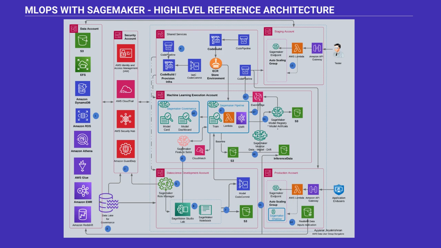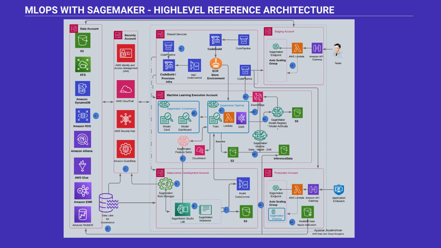But if you want to build a custom image, you need to store it in ECR, and you can store your custom image code in CodeCommit, where you can continuously build your container, which in turn is called from the SageMaker pipeline. So I would say the shared services is where all the CI/CD part is running.